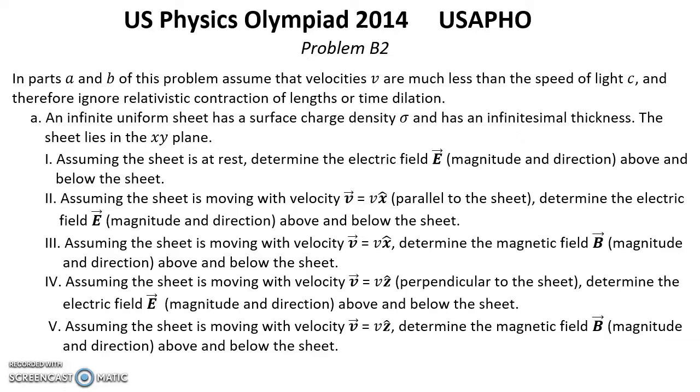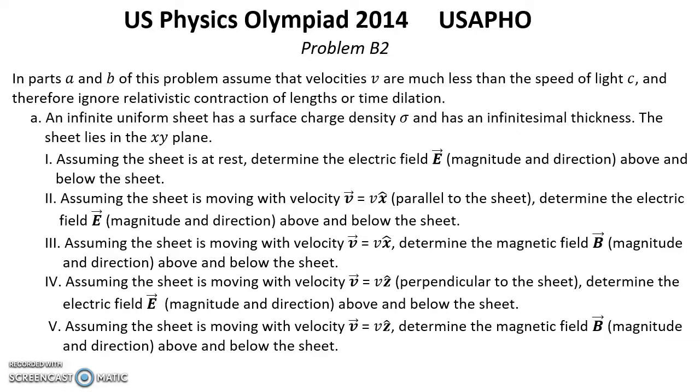Assuming the sheet is at rest, determine the electric field E, magnitude and direction above and below the sheet. Question 2. Assuming the sheet is moving with the velocity v in the direction x parallel to the sheet, determine the electric field E, magnitude and direction above and below the sheet.